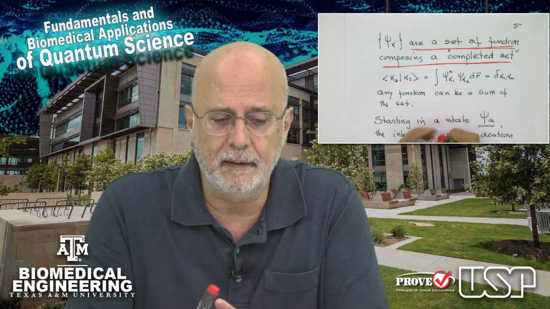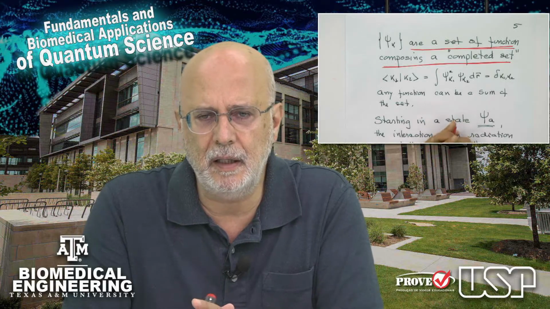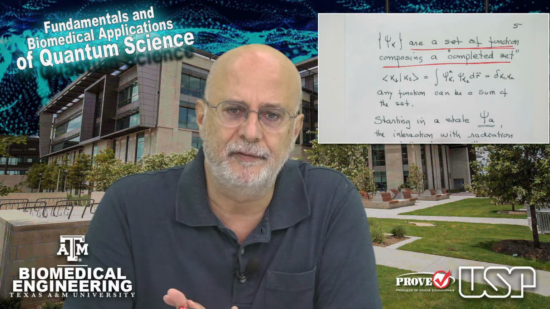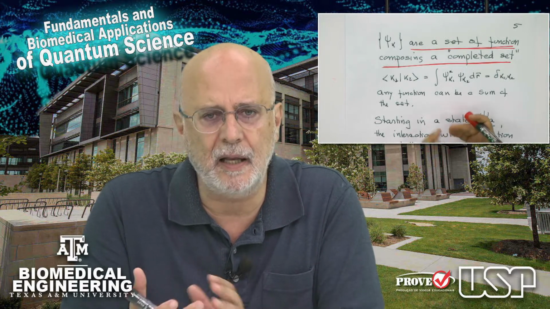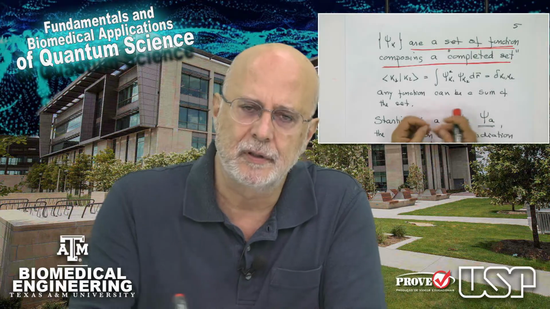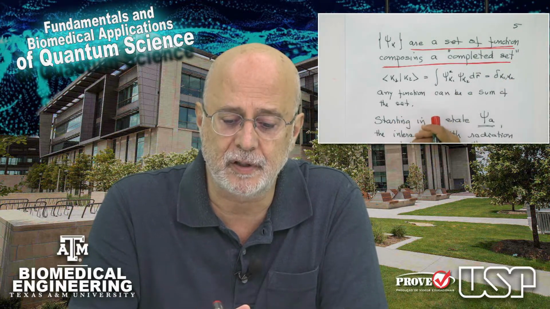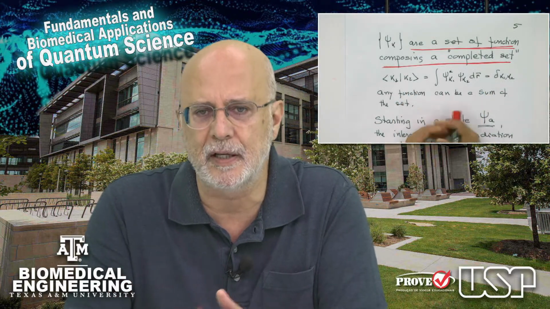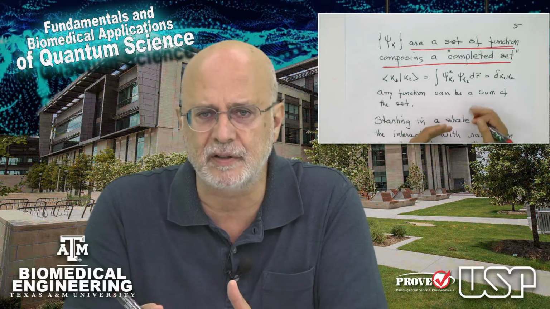But more than that, this complete set is like a collection of functions that allow us to express any function in terms of a sum of those functions, a composition of those functions. It's like when you have any function and you decompose it in a Fourier series, you are basically decomposing in sines and cosines.